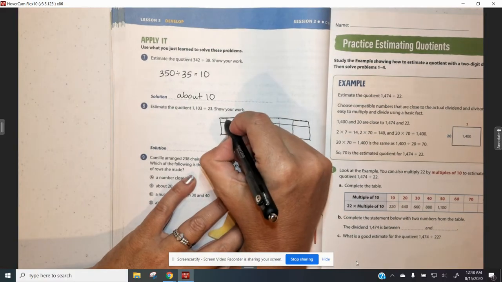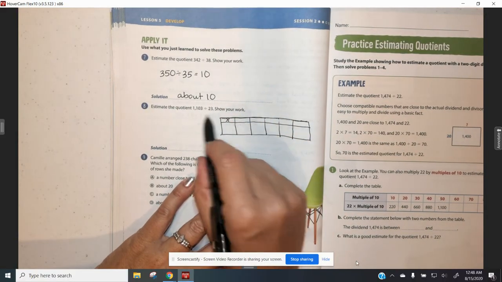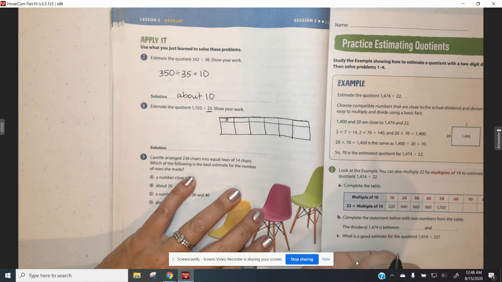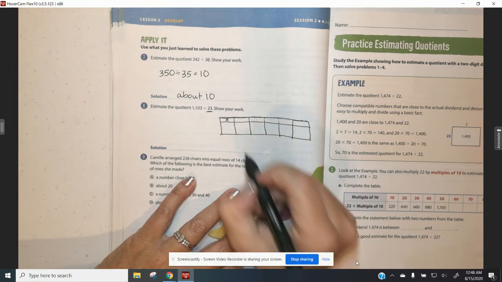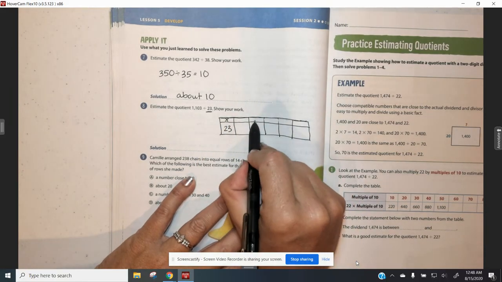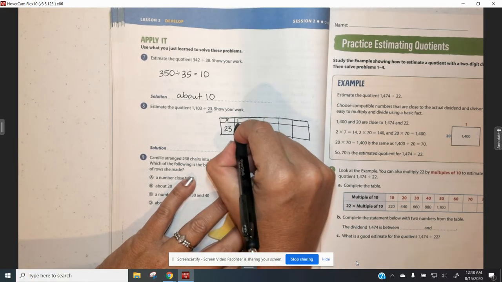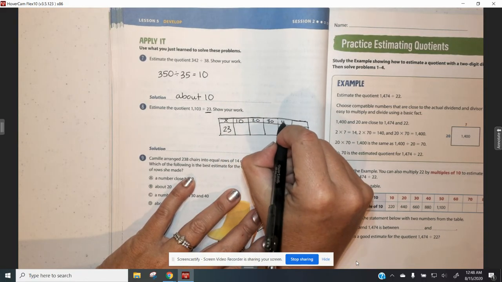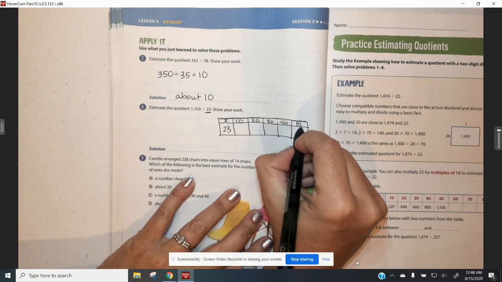And then here is your x, because your x is going to be what your divisor is, what you're dividing by. So you're going to put 23 here. And then in each of these smaller boxes, you're going to put your multiples of 10. 20, 30, 40, 50.